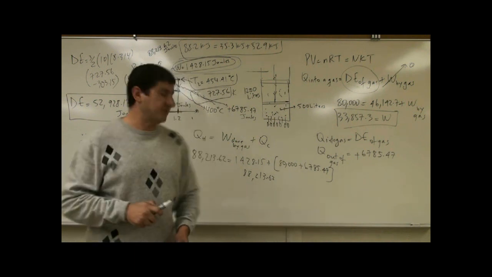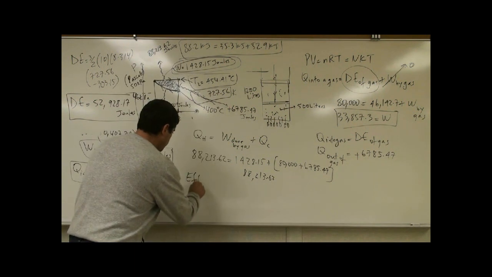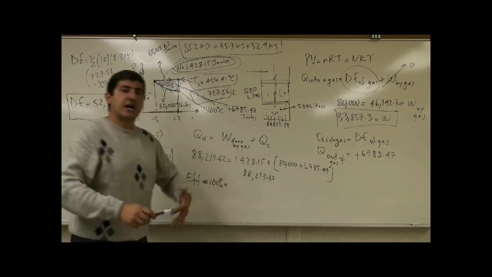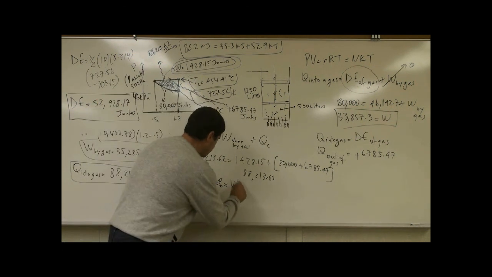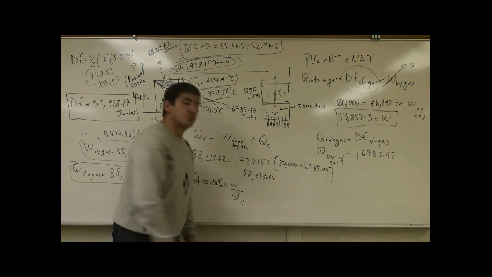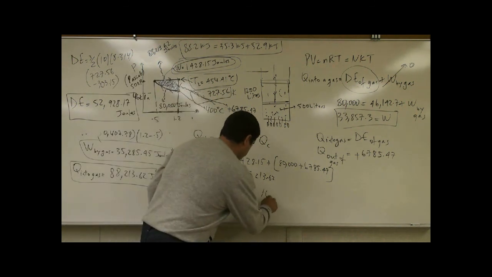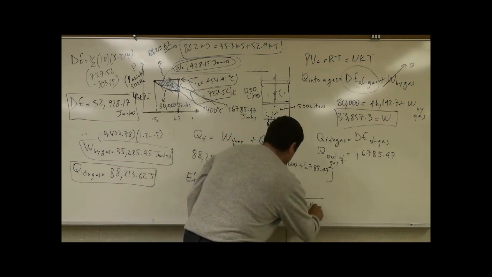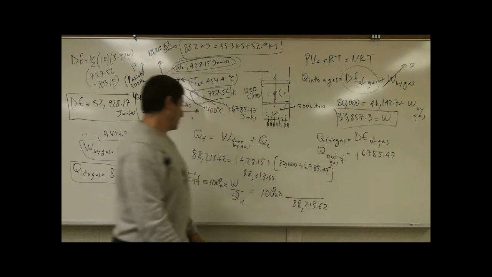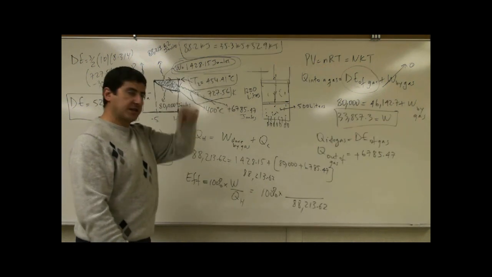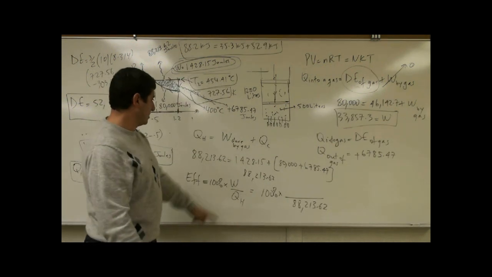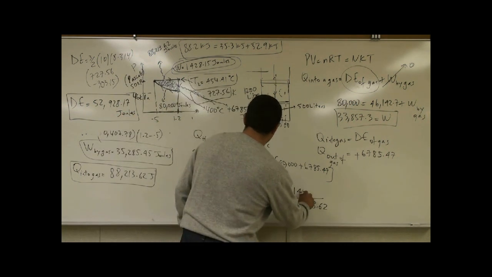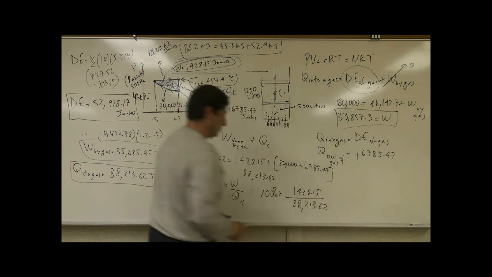What's the efficiency of this engine? Efficiency is defined as 100% times how much work the engine does divided by how much heat you need to run the engine, right? How much work did the engine do during the whole cycle? Not much, right? The engine did 1,428.15 joules of work.